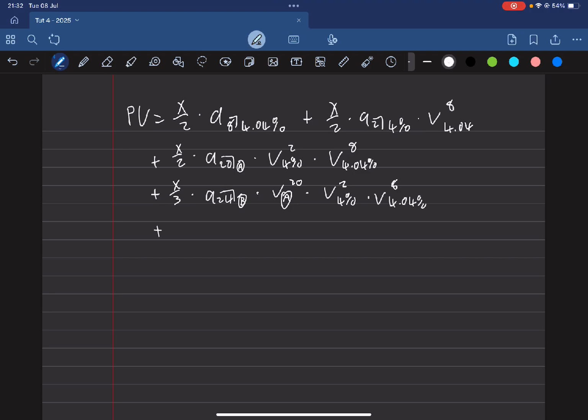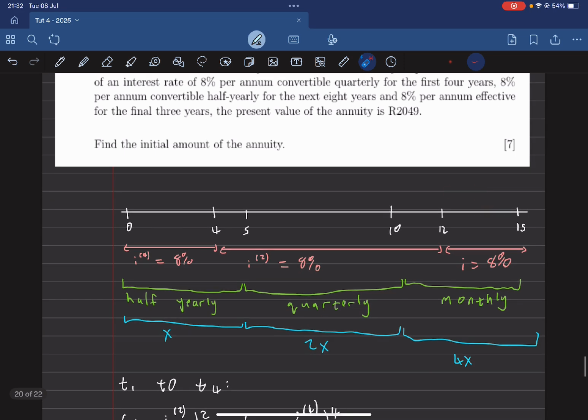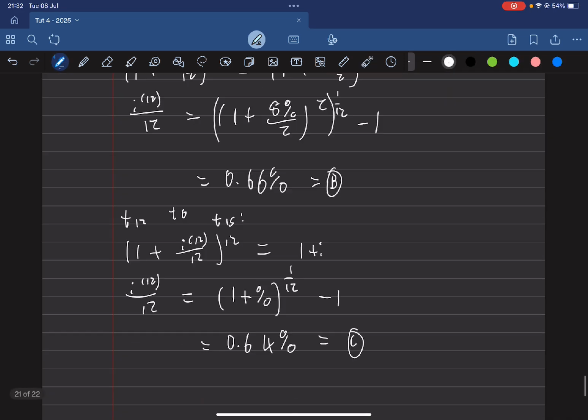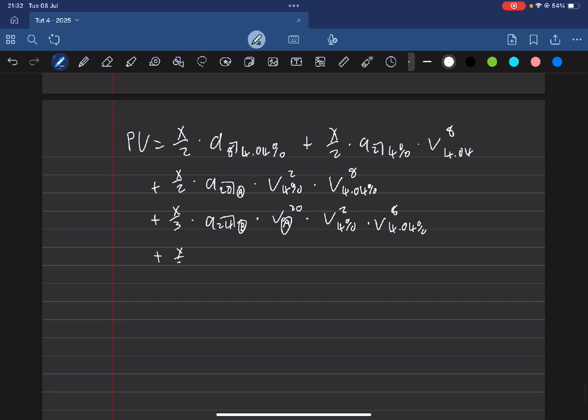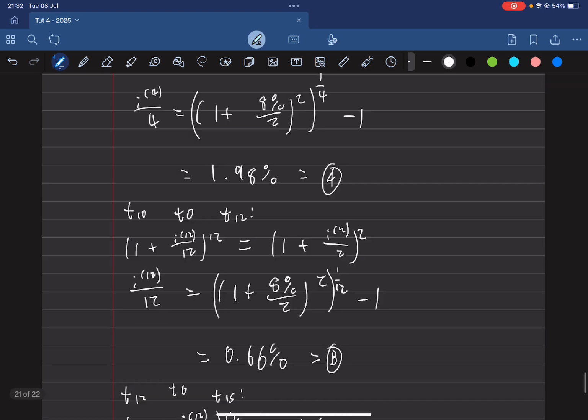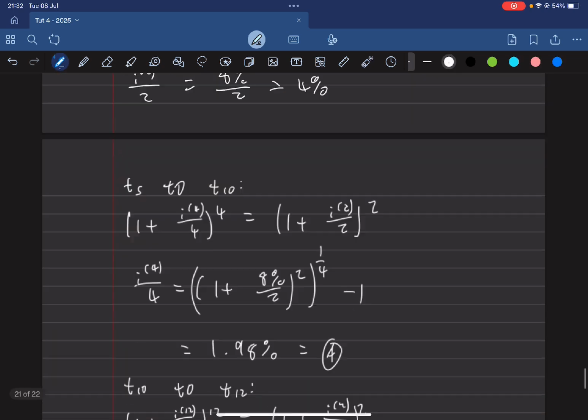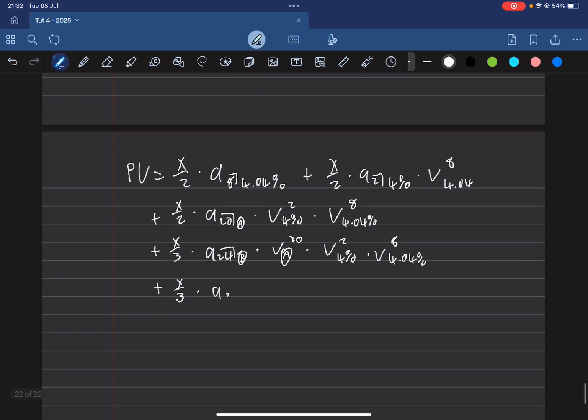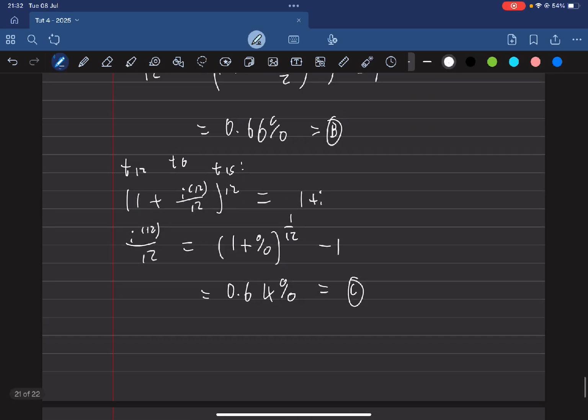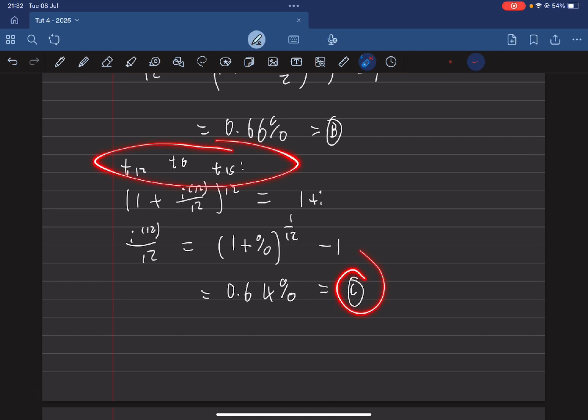Cool. And now for our final one, this period. So again, we have 4x per year, so that means we get x over 3 per month times an annuity. It is 3 years, so that means there's 36 months in that period. So 36 at the interest rate which we worked out for time 12 to 15, which was C.